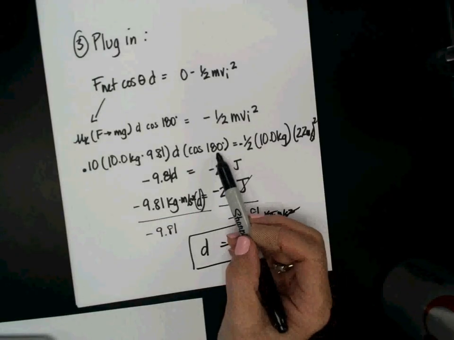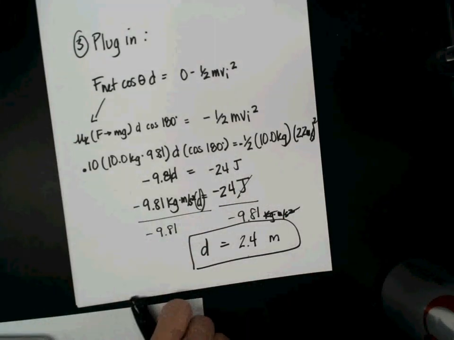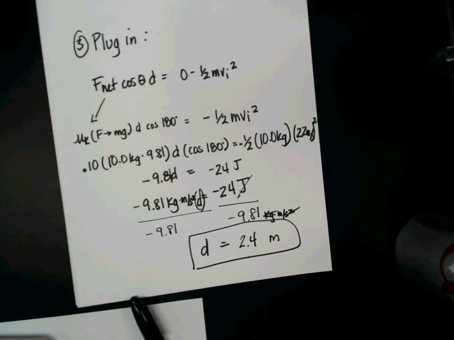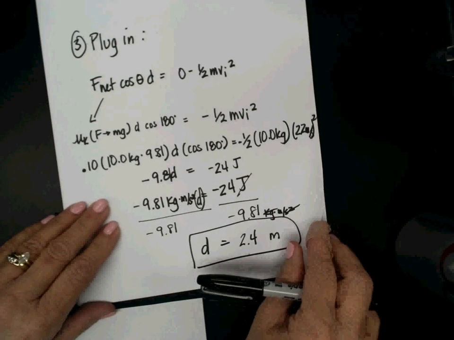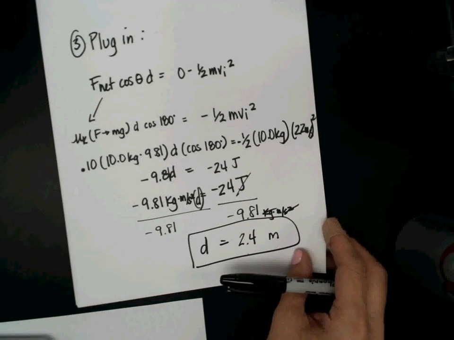Anytime I have friction involved, my cosine is 180, which gives me a negative value. You're going to see a negative value with friction, unless we're talking about total work. Then I would just add it on. And I think we probably should write that down.